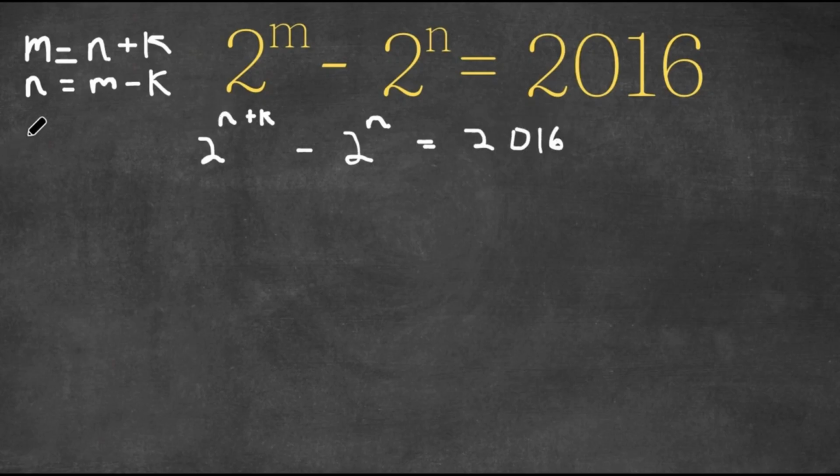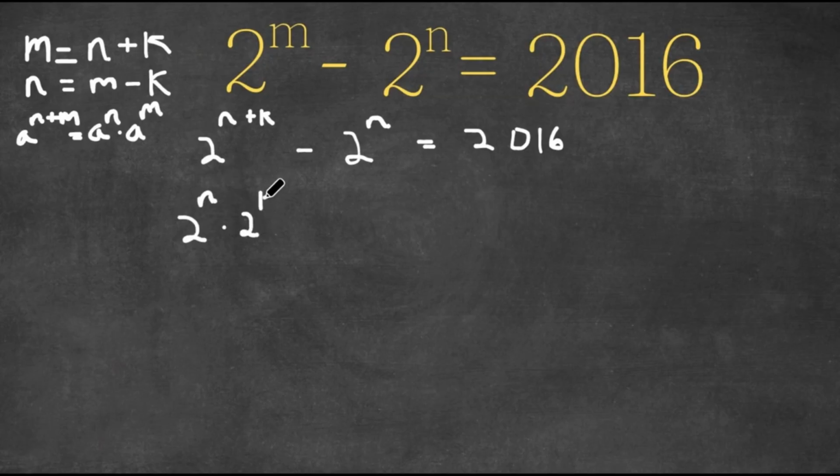Now, if we have something in the form a to the power of n plus m, this can also be written as a to the power of n times a to the power of m. So 2 to the power of n plus k can be written as 2 to the power of n times 2 to the power of k.